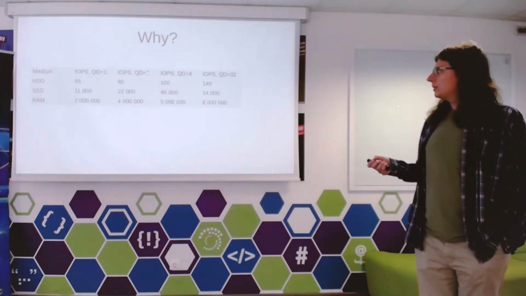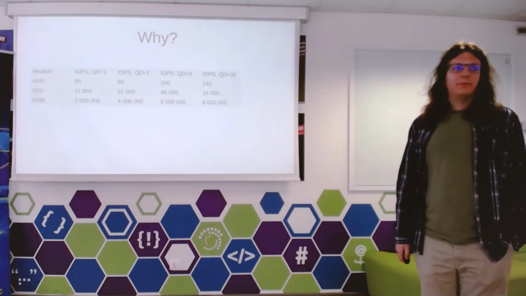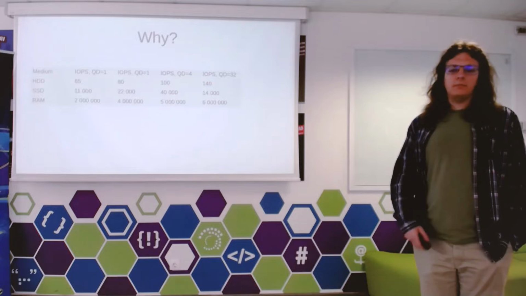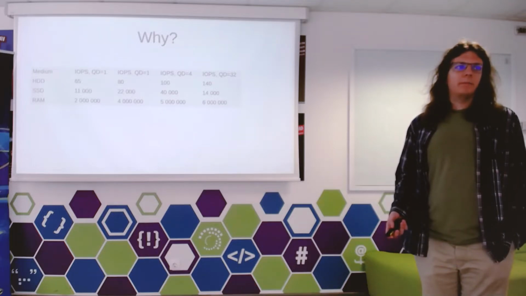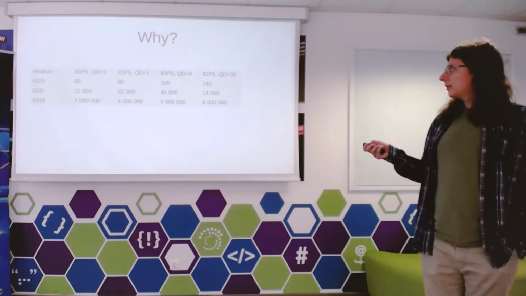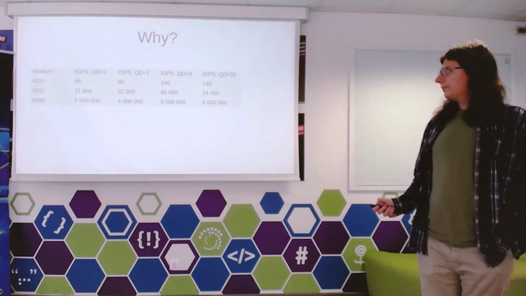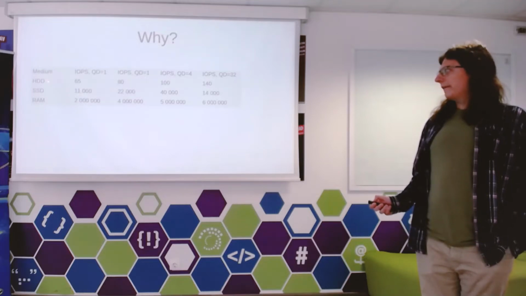This one is supposed to be a queue depth 2, not 1, which is when you have up to 2 requests in flight. So you send the request, when one of them returns, you send another one, and so on. Here we have a queue depth 4 and a queue depth 32. As you can see, spinning rust disks don't really get that much faster.